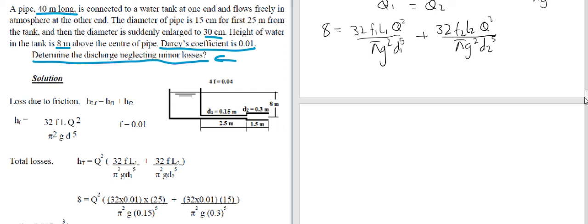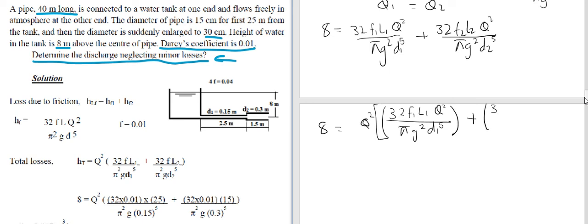We can factorize Q square, let us factorize out Q square: Q square into bracket 32 F1 L1 over pi G square D1 raised to power 5, plus 32 F2 L2 over pi G square D2 raised to power 5. I'm sorry, Q is not supposed to be inside the bracket.